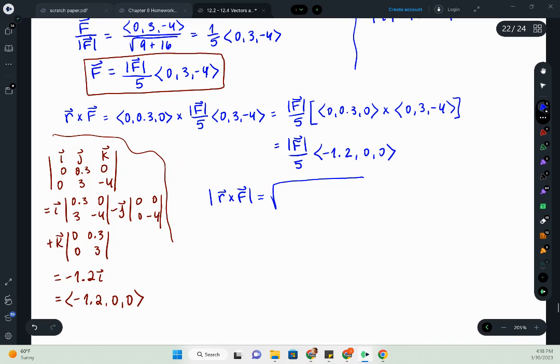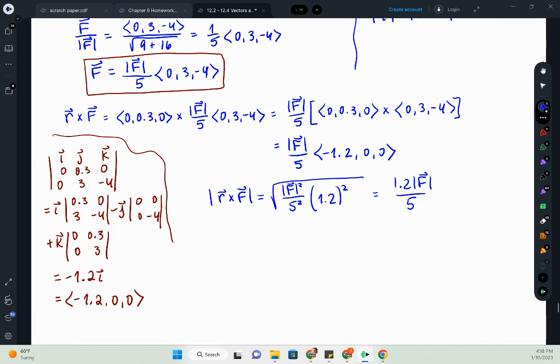We have the square root of the magnitude of F squared over 5 squared times 1.2 all squared, and there's a plus 0, but we don't need to deal with that. Everything just ends up getting squared, and we end up with 1.2 times the magnitude of F over 5.